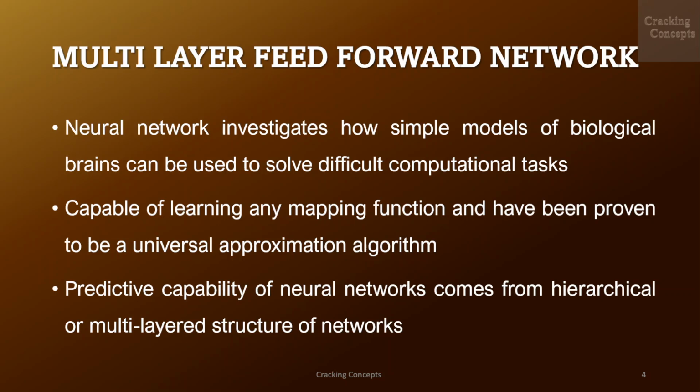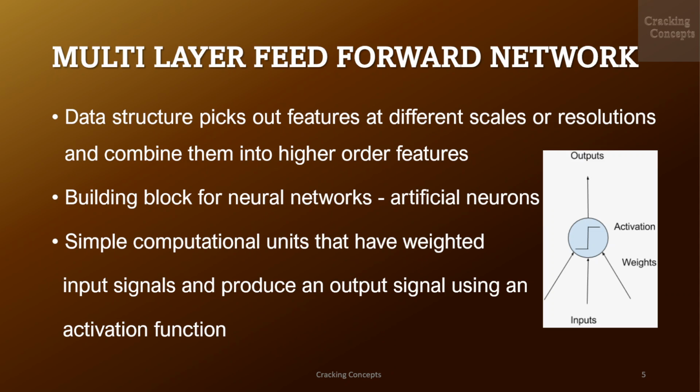The predictive capability of neural networks comes from the hierarchical or multi-layered structure of the networks. The data structure can pick out features at different scales or resolutions and combine them into higher order features. For example, from lines to collection of lines to shapes.